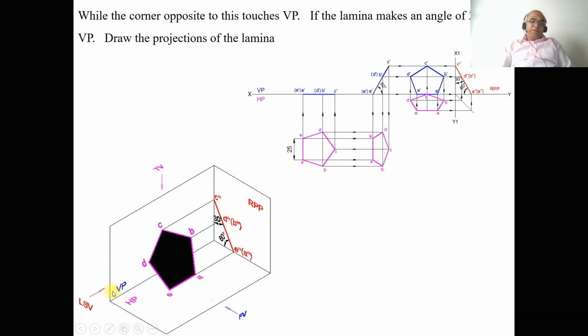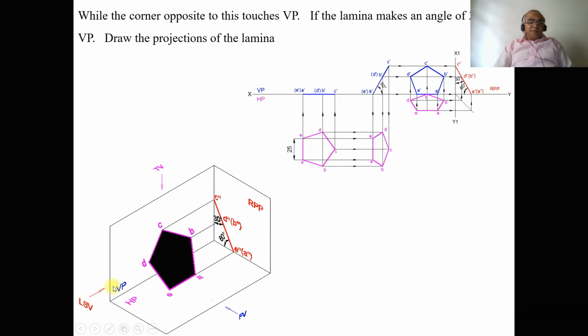When you look from the left side view, you are going to get a line here. Since the surface is inclined to HP at 60 degrees, when it is rotated by 90 degrees and the surface is kept on VP, the sum of these two angles should always equal 90. Therefore, the surface will automatically be inclined to VP at 30 degrees.